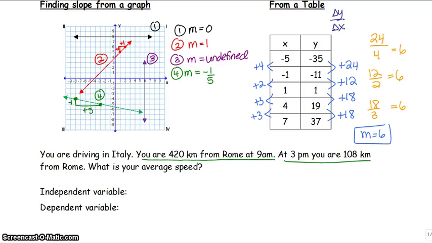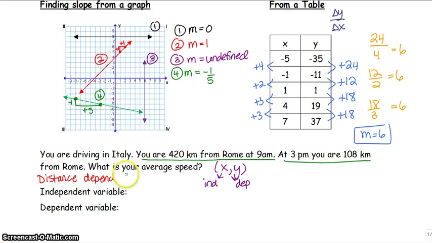But what you need to remember from the other day is, how do I write this? Well, we know an ordered pair is written x comma y. And the other day we learned that the x is the independent variable and the y is the dependent variable. So we have to read through this and decipher which one is independent, which one is dependent. In this case, your distance you've traveled is going to depend on how long you've been driving.